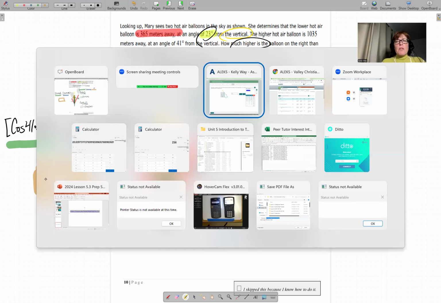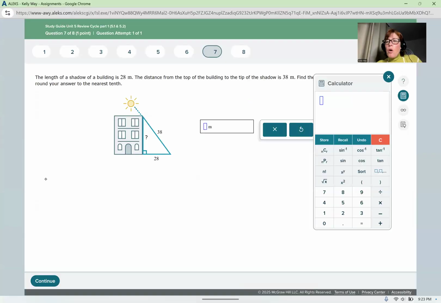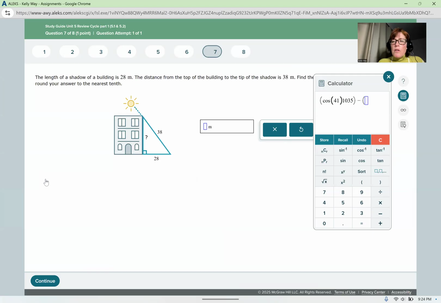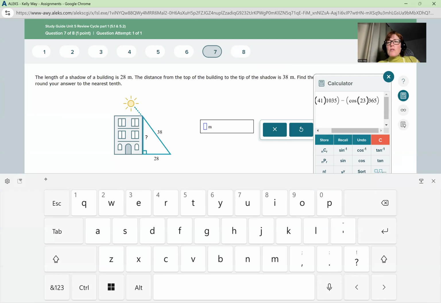Cosine 41 times 1,035. So we have to use our brackets here. We're going to do cosine 41 times 1,035, put brackets around that, minus brackets, cosine 23 times 365, put brackets, so that you take a close look at everything.